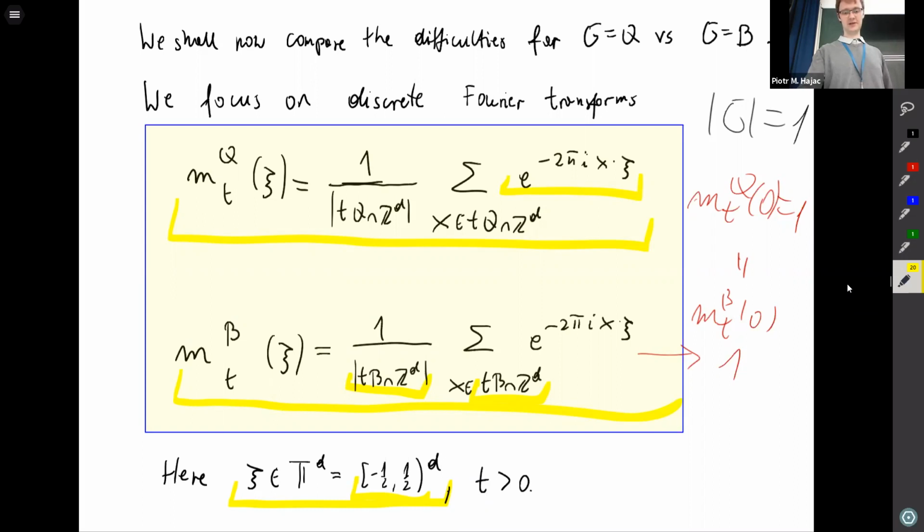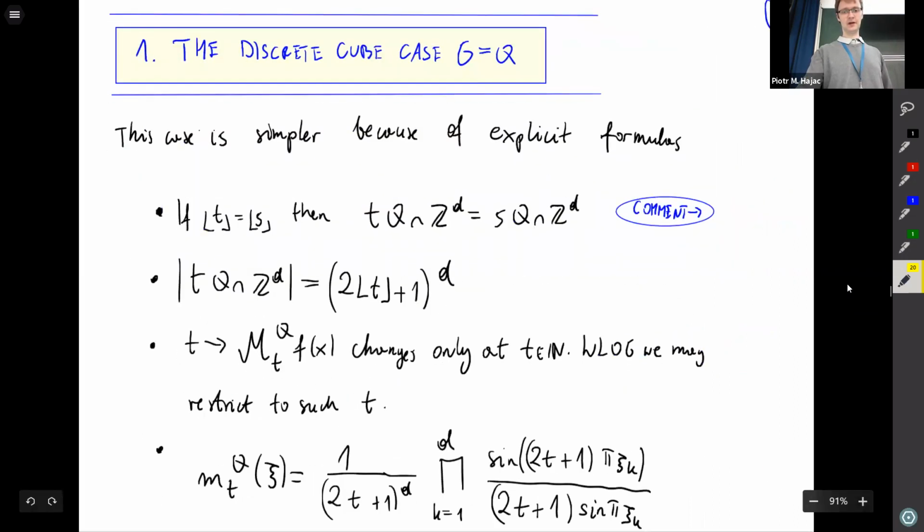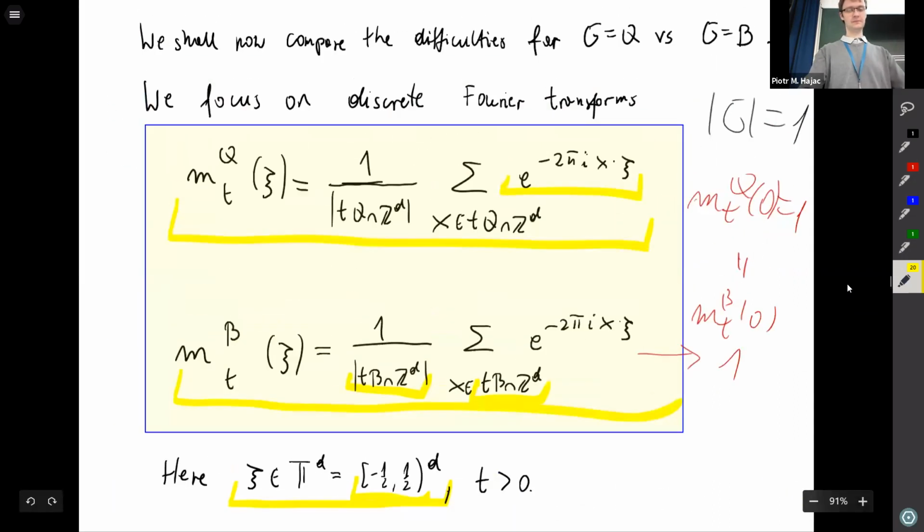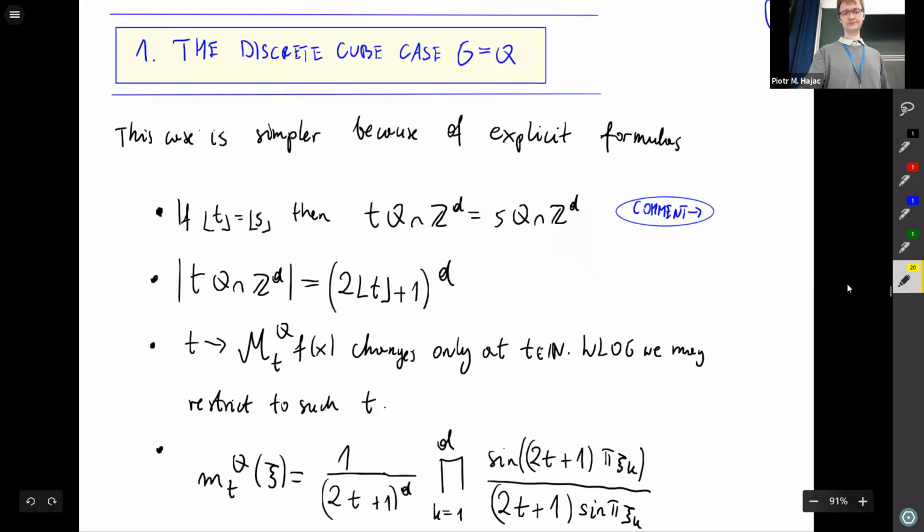One looks like that, the other like that. The objects that are important to us are these two, and I would like to tell you something about m_T^Q, why it's easier to estimate than m_T^B, which is much harder. Okay, so first going to the cube case.